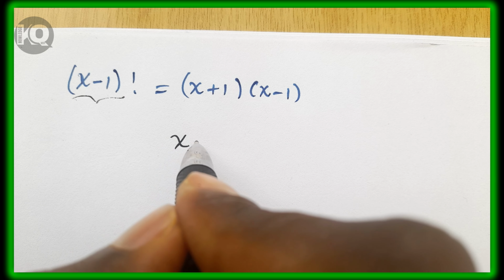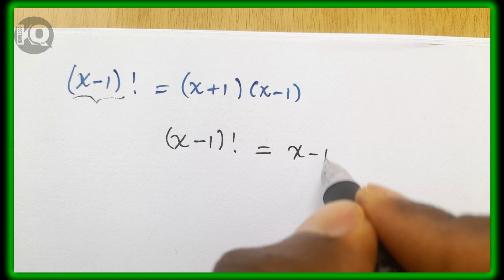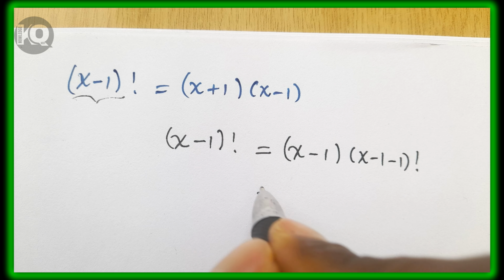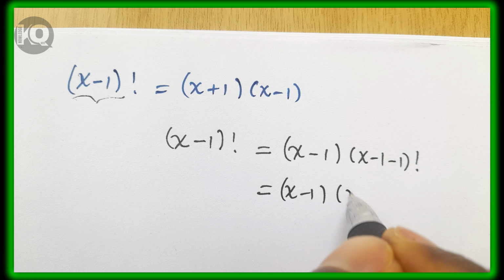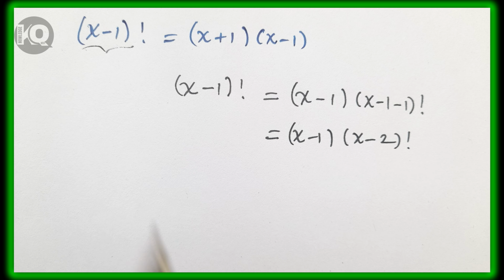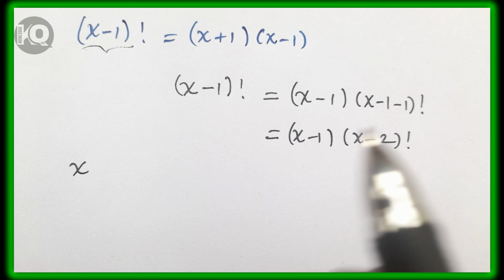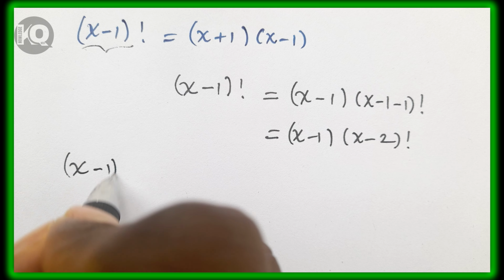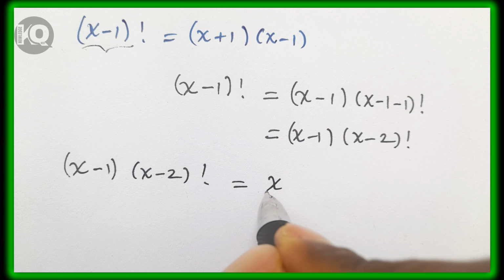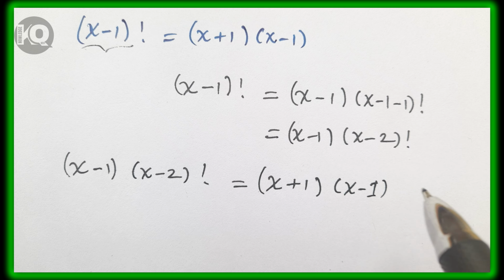By the definition of factorial, x minus 1 factorial will be x minus 1 times x minus 2 factorial, which is equal to x plus 1 times x minus 1.